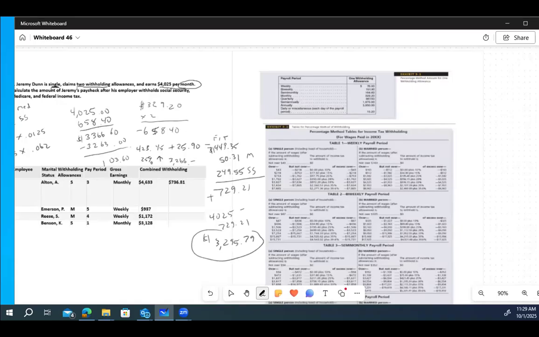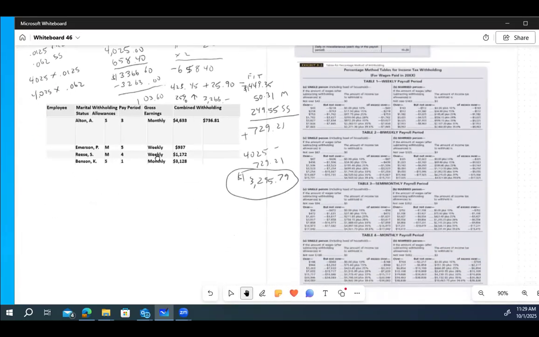So that's what his paycheck would be after deducting federal income tax, deducting Social Security, and deducting Medicare. So that's all you do in the percentage method and solving these kinds of problems.